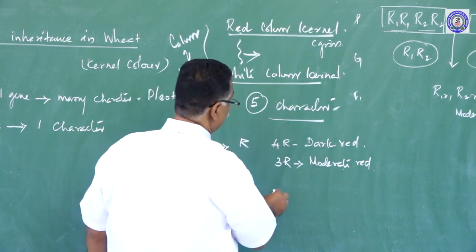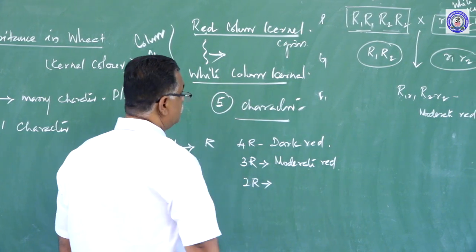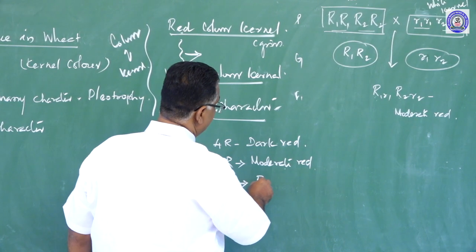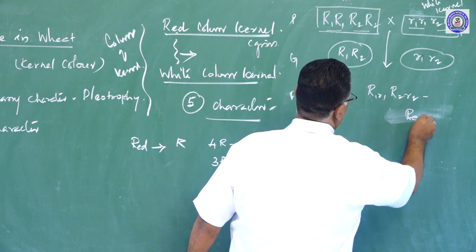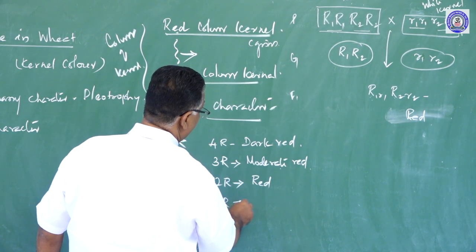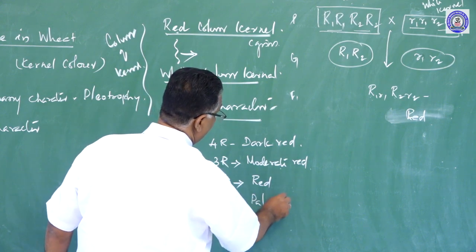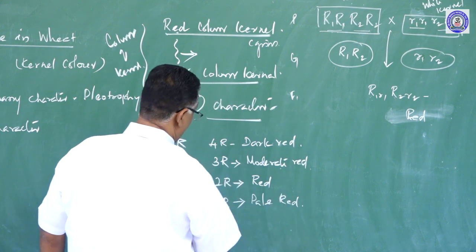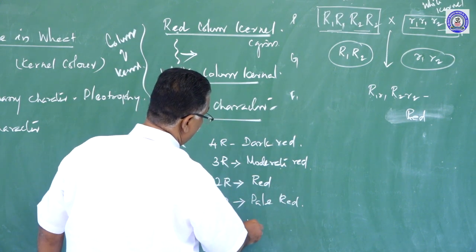If 2 R are there, just red. If only 1 R is there, it will produce pale red, and no capital R, then it will be white.